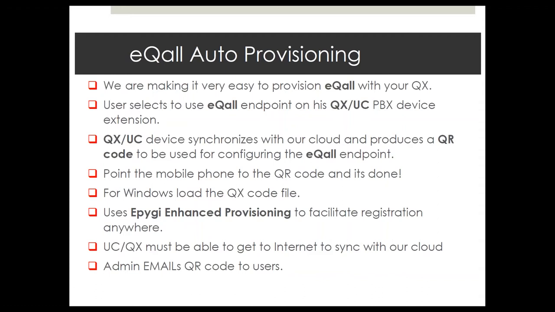In the case of Windows, that's what you will do. You will download the application on Windows, and then when you are going to activate the account, all you do is load up that file, select the QR code, and voila, you're done. It registers. In the case of the mobile devices, again, just take a picture of the QR code and you're done there. So we'll try to make that very easy.